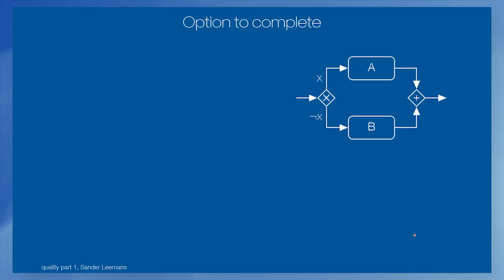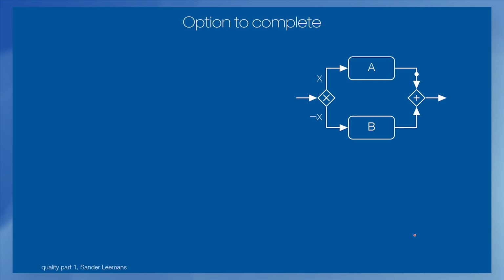Let's look at a few examples. In this model, the option to complete is violated. And we can see that by simply playing the token game. If we put a token at the beginning, then let's say that the condition X holds and we go up. Then we execute A, and when A is finished, the token waits before the concurrent join.